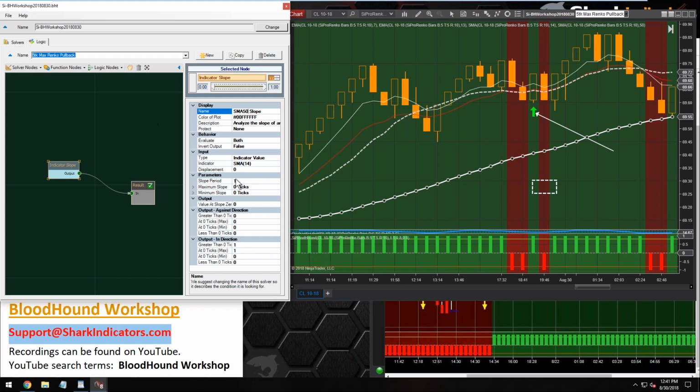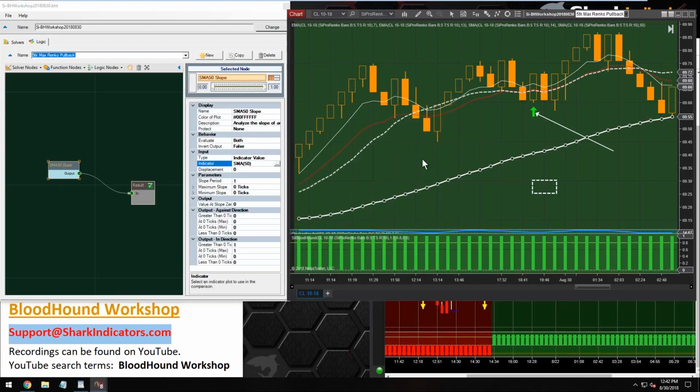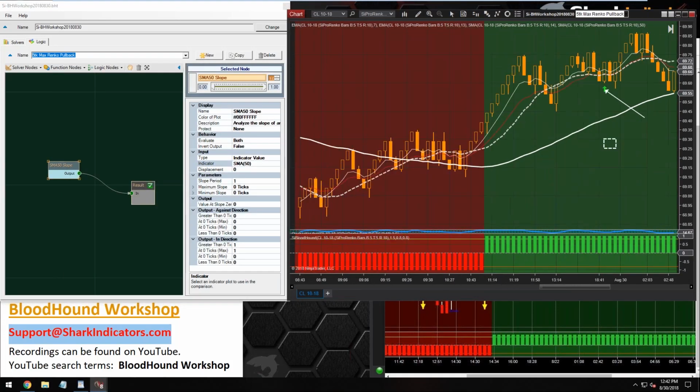So let's adjust our indicator here, like so. And there we go. Great. SMA sloping up, we're in a long trend, so we have a long filter here. SMA sloping down, then we get a short output, for a downtrend filter. Okay, so that was the easy part.